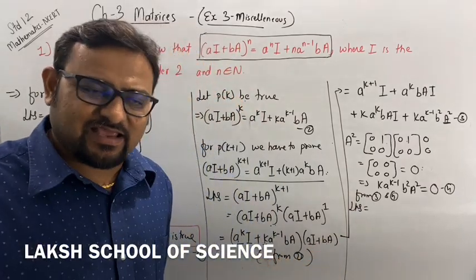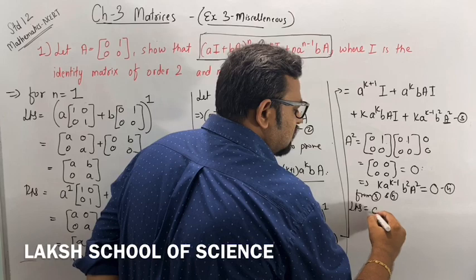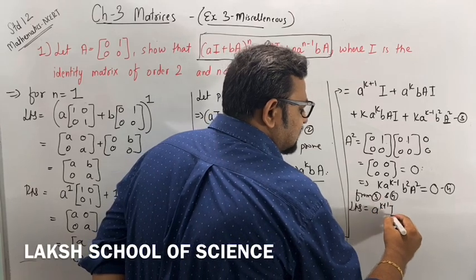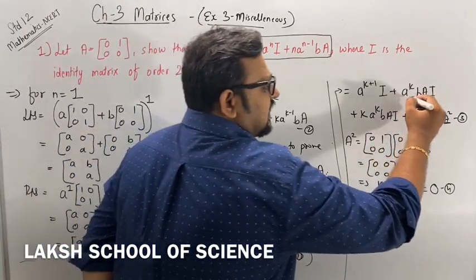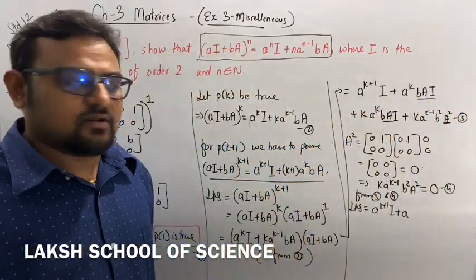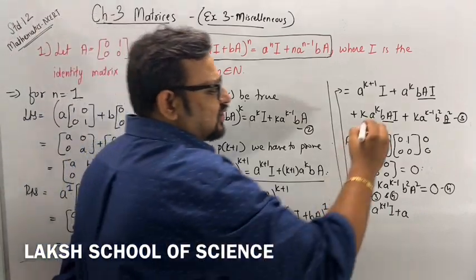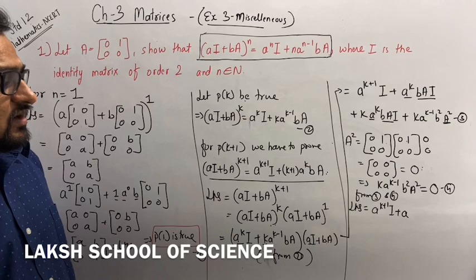LHS is equal to A raised to K plus 1 I plus A raised to K BAI and BAI. You can see here common, right? And also A raised to K into A raised to K common. Clear?